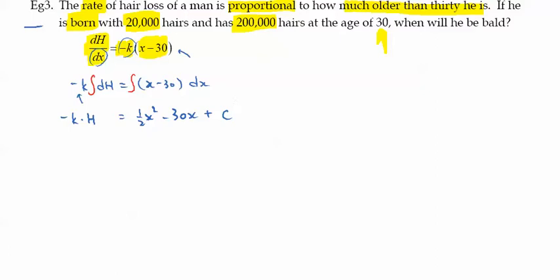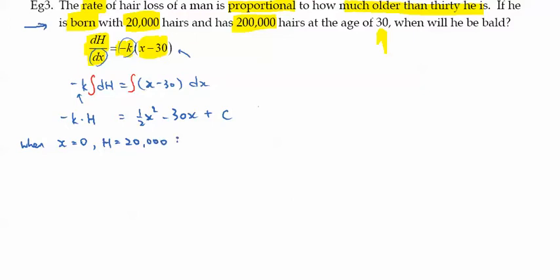So now here comes the initial value. When this person is born, when x equals 0, this person has 20,000 hairs.